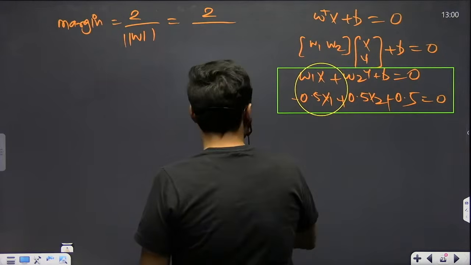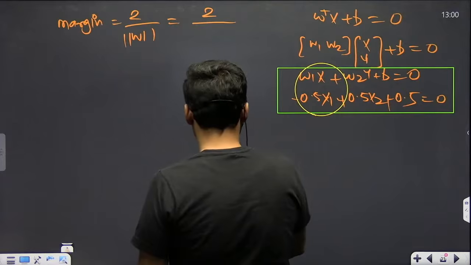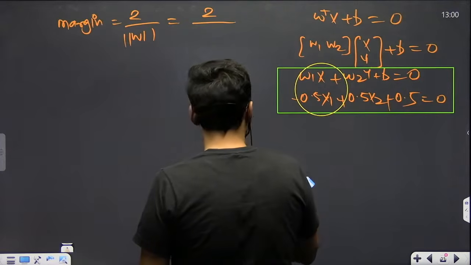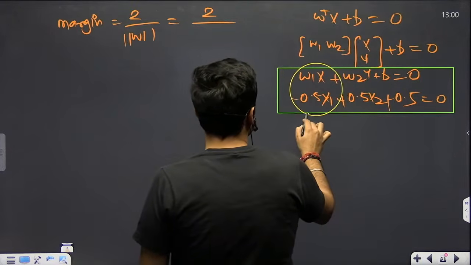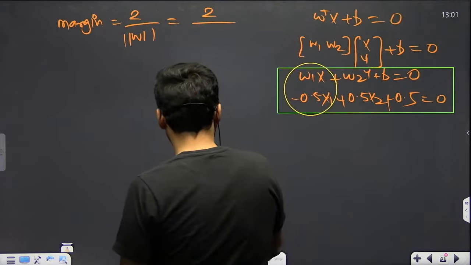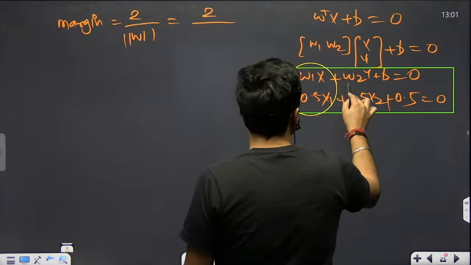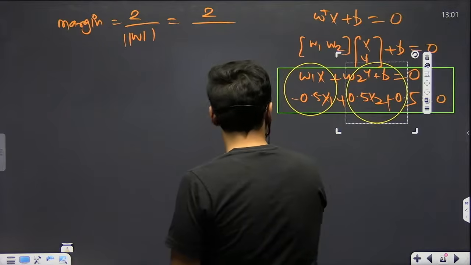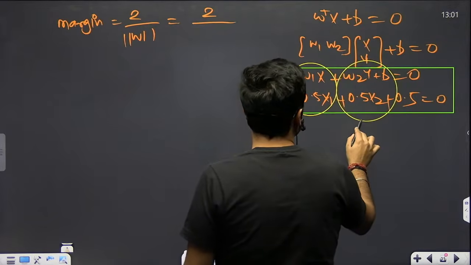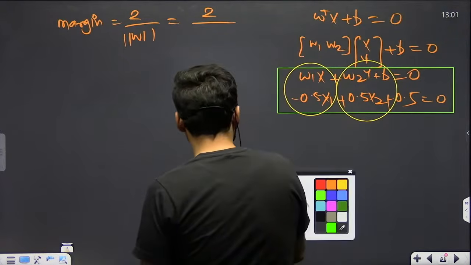So this is W1, this is W2, and this is the bias.